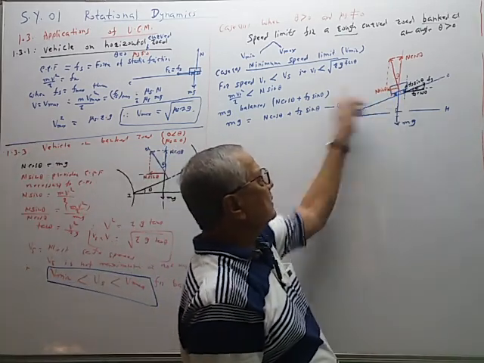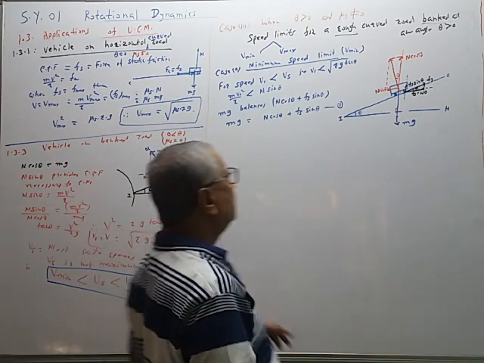Now N sin theta is in this direction and Fs cos theta is in this direction.